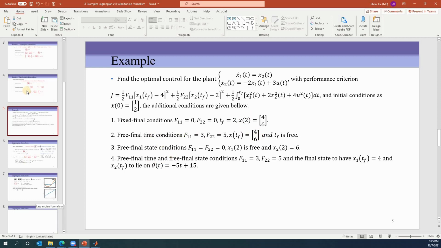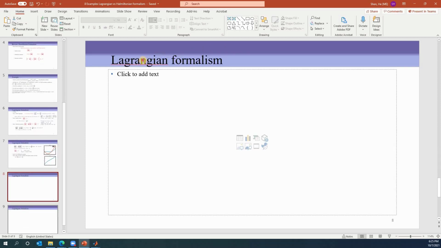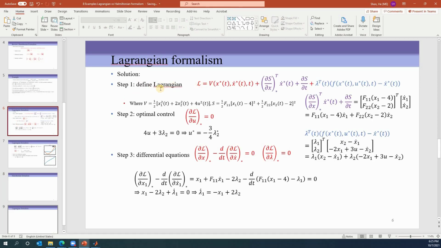Alright, let's look at how we solve the problem by using Hamiltonian. So we're going to solve the same problem by using Hamiltonian formalism, and Hamiltonian formalism is also called the Pontryagin principle. So the approach is very similar. So the first step is to define the Hamiltonian function.